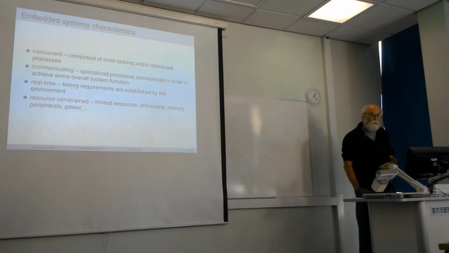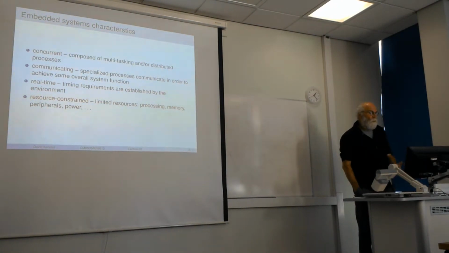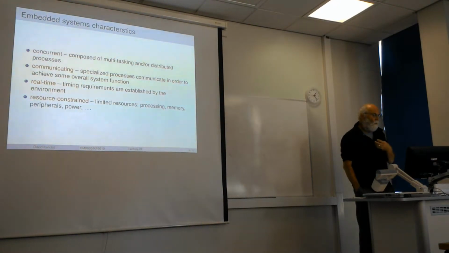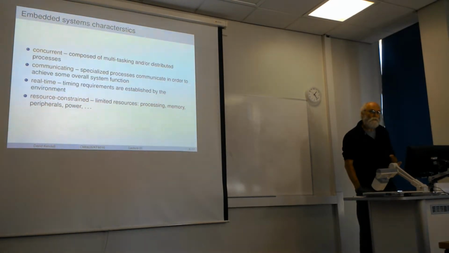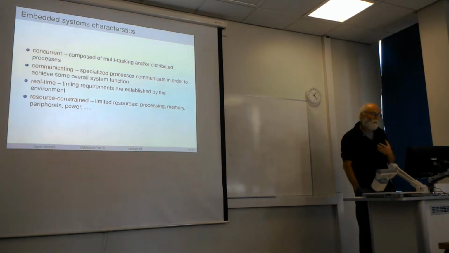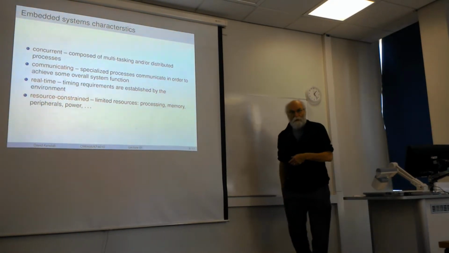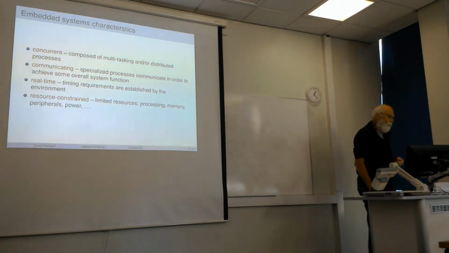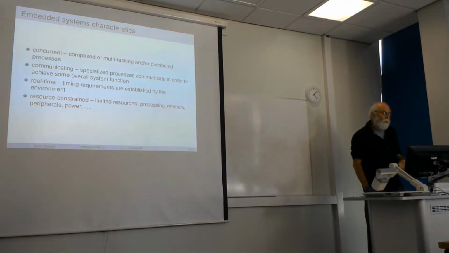We're typically dealing with limited resources. If a manufacturer can send out a product with a cheaper processor or less memory or a smaller battery or less powerful peripherals, they'll do that because it saves them money. If you've got a run of 10 million units of some particular product, and you can save 50 pence per unit, then you've saved your company £5 million.